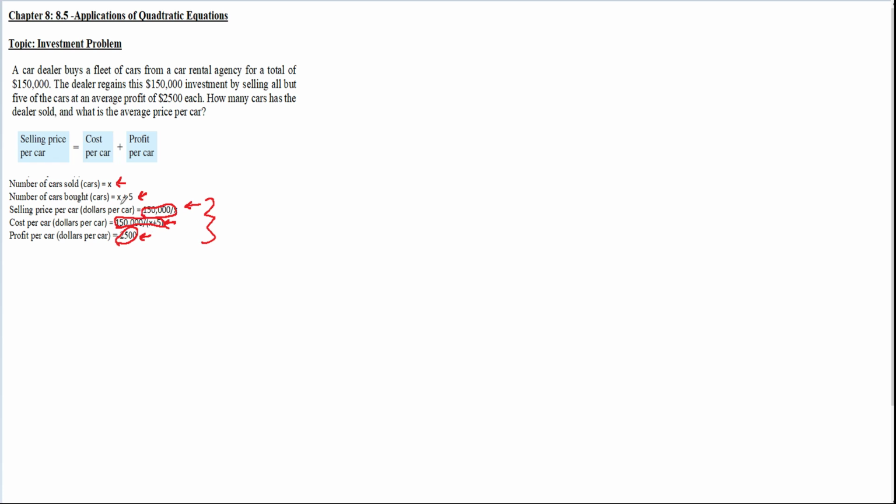All we have to do is substitute those 3 values into our equation, and we have this right here. Really, this section deals with just setting up your equation, because the math at this point should be fairly simple. This is really a test of your conceptual understanding of quadratic equations.